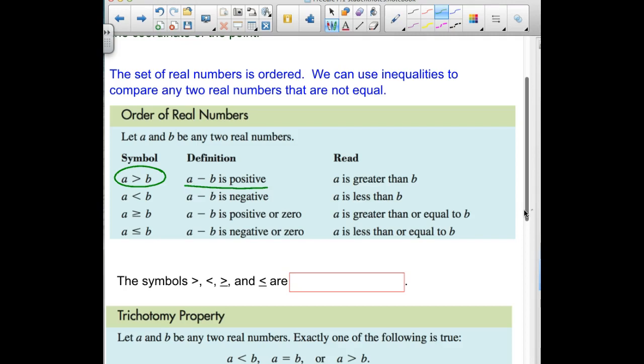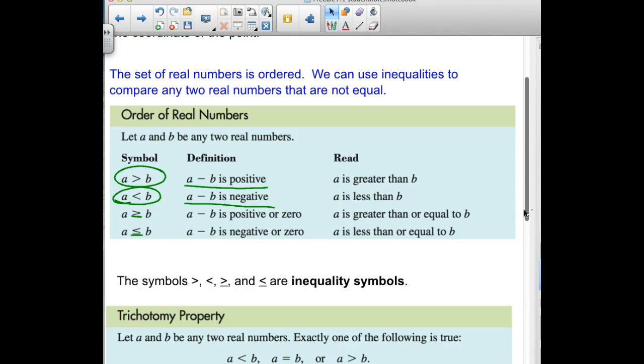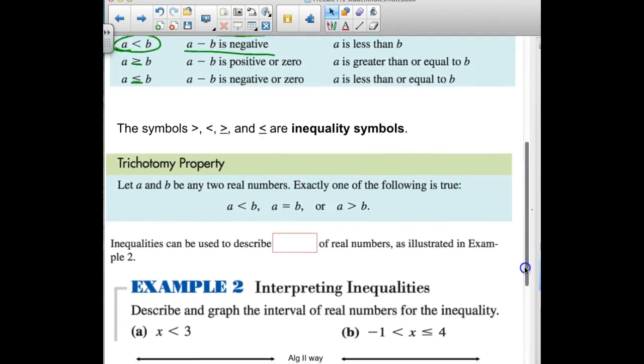Or A could be less than B, where A minus B is negative. Our other two options is where we include the equal sign, and that just means that we might add or subtract and end up with 0 if the two numbers are equal. So we will be using those inequality symbols when we compare numbers.